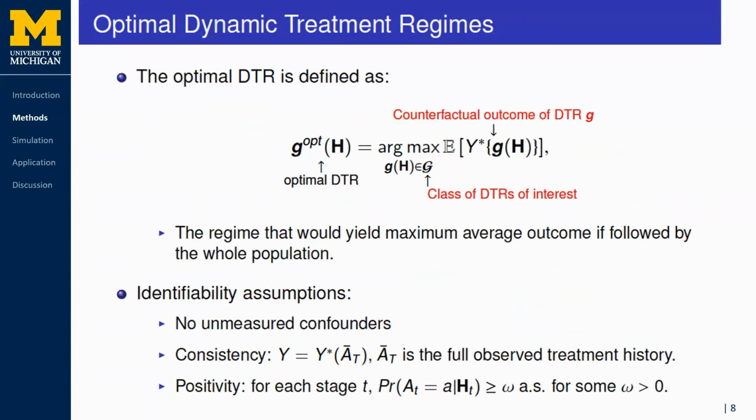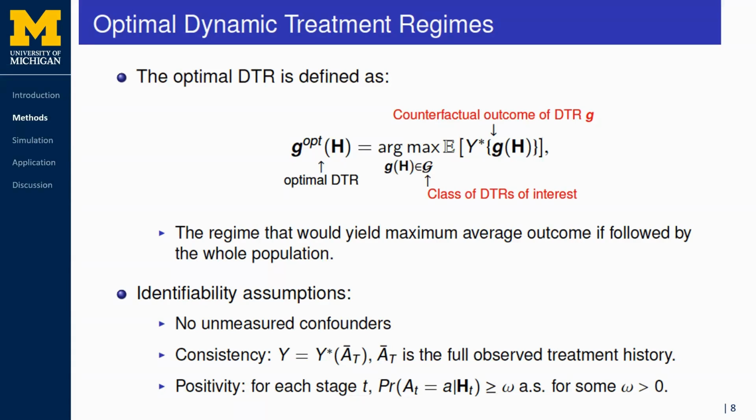All right, so now what we want to do is, in this counterfactual world, we use Y star to denote the counterfactual outcome. So this is different compared to Y. Y is your observed outcome, but Y star is if everybody is following this g decision rule. Even though everybody is following decision rule g, I have my own history, so I get a different treatment individually.